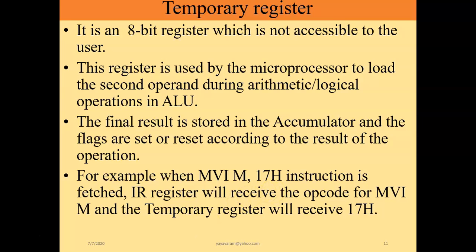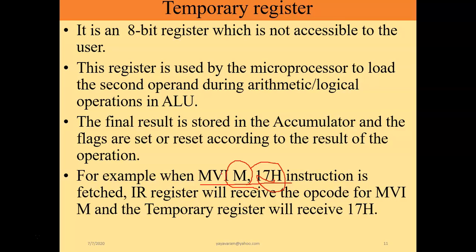But when do we use this? Suppose I want to, here I have given one example, move immediate, MVI. You will understand the instructions in the coming classes. Don't worry. For the present, you understand MVI means move immediate to the memory M the data. Here we want to move data 17H, hexadecimal data, into a memory location.